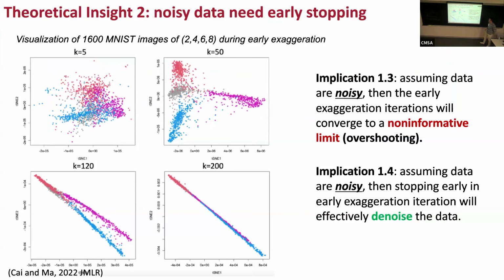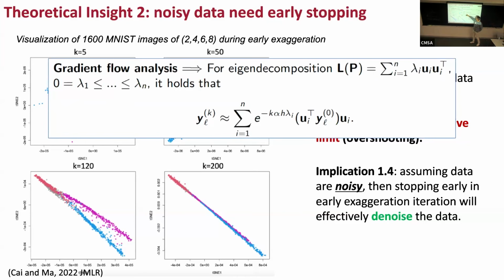But in practice, we just know that this optimal stopping time is a function of log n, the number of data points. But the constant in front of log n depends on the actual signal to noise ratio.